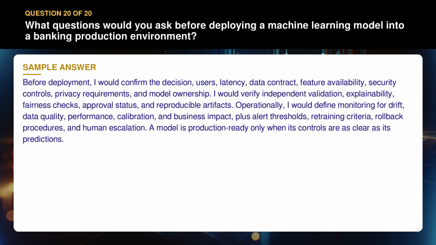Operationally, I would define monitoring for drift, data quality, performance, calibration, and business impact, plus alert thresholds, retraining criteria, rollback procedures, and human escalation. A model is production ready only when its controls are as clear as its predictions.